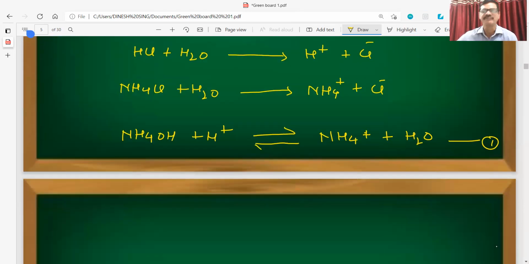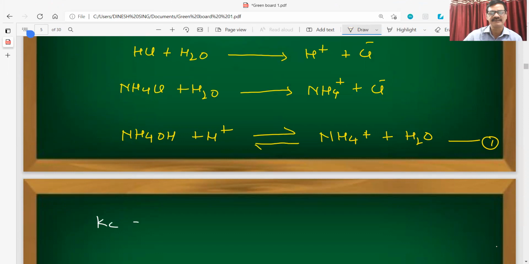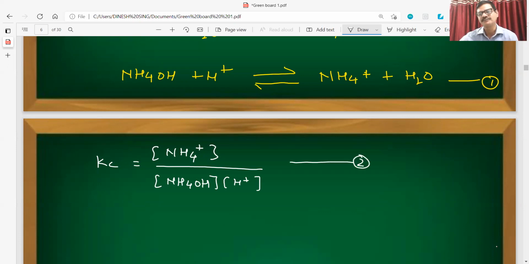Now we can write the equilibrium equation, that is Kc will become equal to the concentration of NH4 positive divided by the concentration of NH4OH into the concentration of H positive. Say this is equation 2.